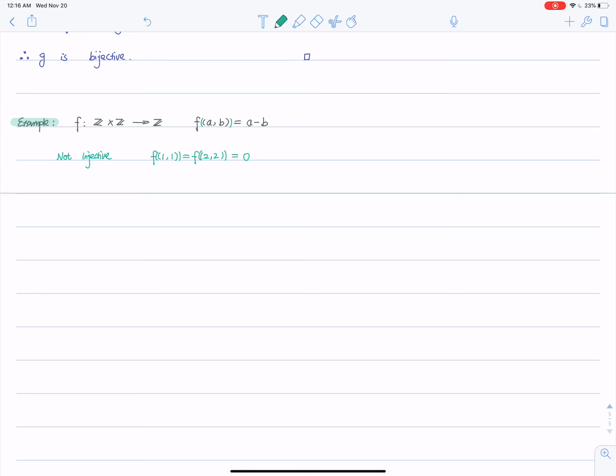How do you know if this function is surjective? I'll tell you one thing. Usually when you see two variables like this, you can fix one variable.